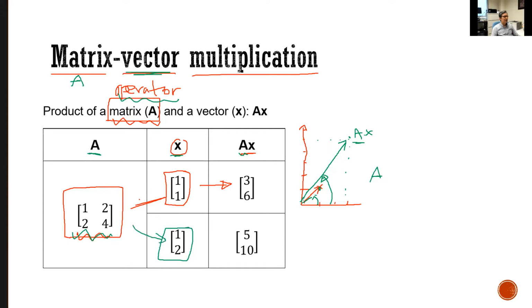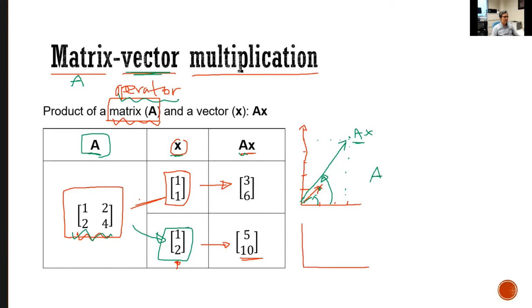If you apply the same matrix A as an operator to this vector, you get the output, and the special thing about this vector is that after you multiply it by matrix A, it only changes the scale, not the direction.